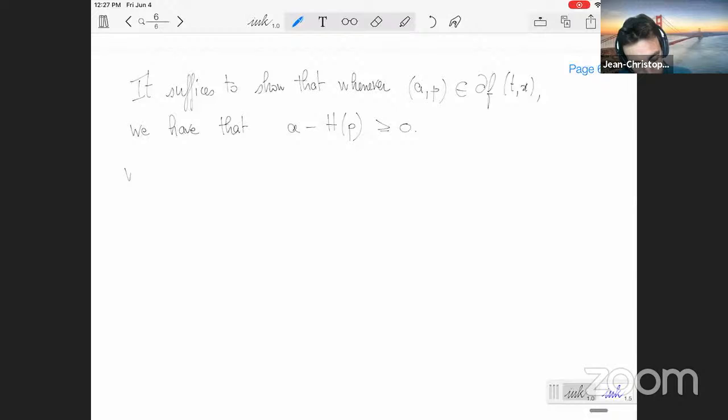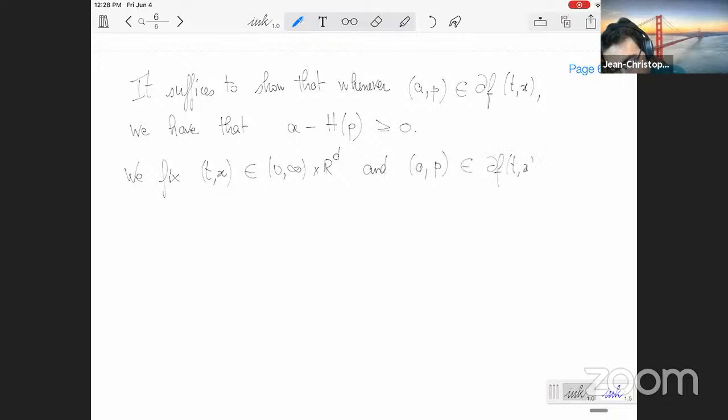Okay, so we fix (t,x) and (a,p) in the subdifferential and aim to show a minus H of p is non-negative.